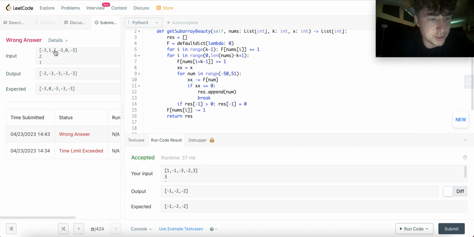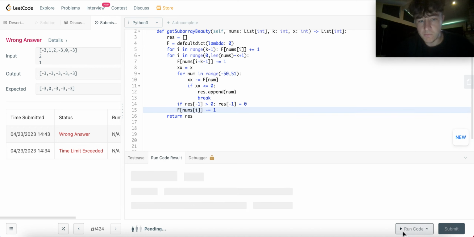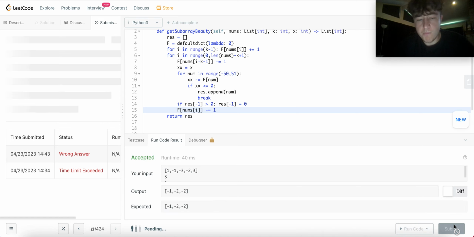When we're looking at 1 and 2, it's still saying -3. Because this is not indented. Forgot to indent some stuff.